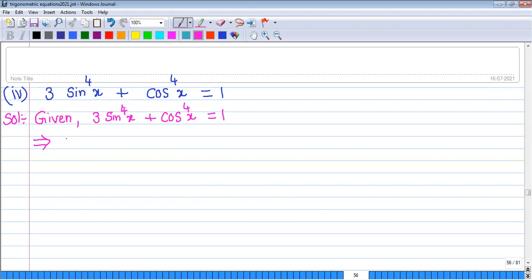So this can be written 3 sin x to the power of 4 plus cos square x whole square. Can I write like this? Does it make any difference? So now instead of cos square x, we can replace 1 minus sin square x.